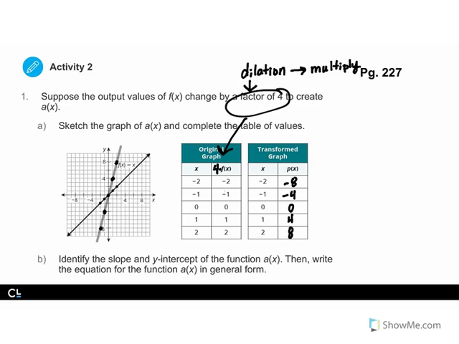If I connect those dots, this is my line, which should have arrows on the ends of it. So here's my line. As you guys can see, that's a little tough to just graph from the graph.